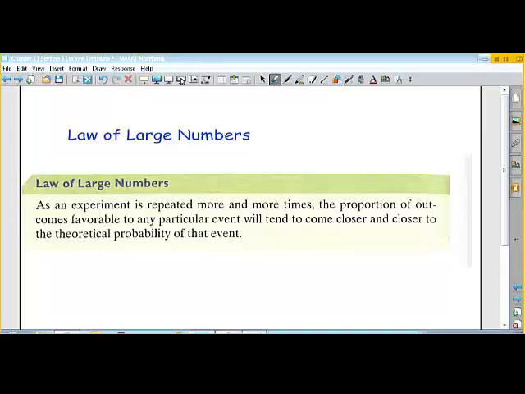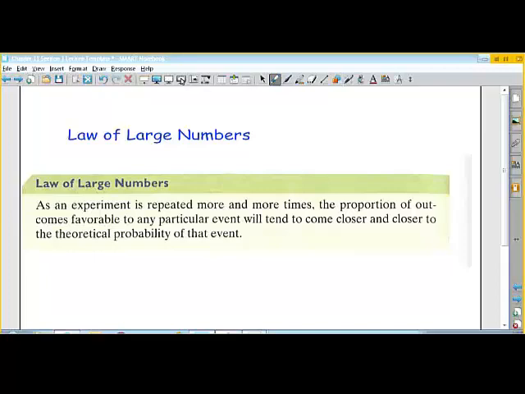So even though you may not get exactly 500 out of 1,000, if you flip a coin 10 times, the average that you come out to is not going to be as close to the theoretical 50% as if you do 100 coins or 1,000 coins.